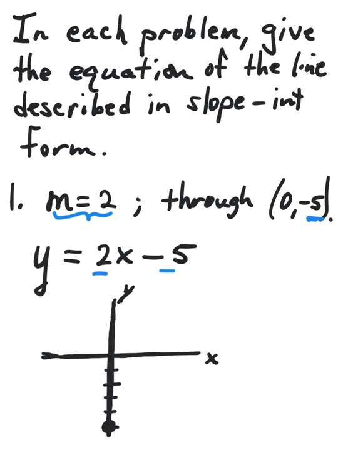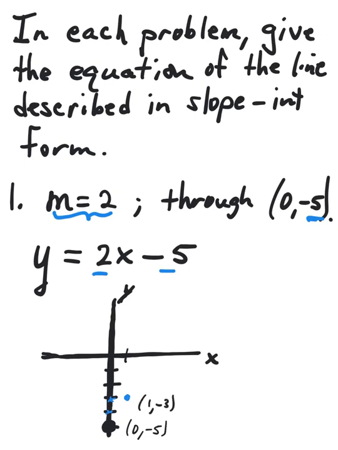Put our dot there. We'll go ahead and label this. Okay, what was our slope? +2. 2 as a fraction is what? 2 over 1. Up 2 over 1. And that takes us to the point 1, -3.